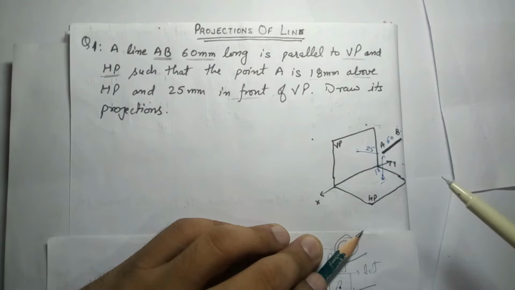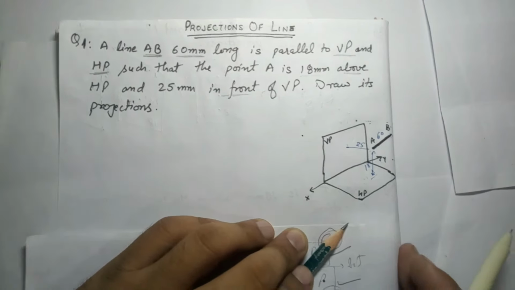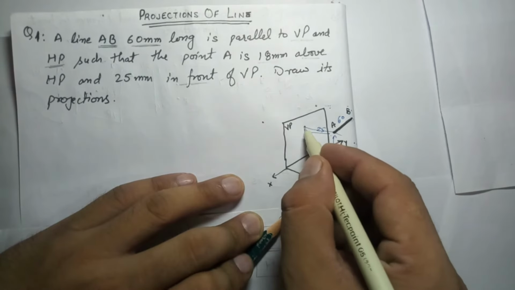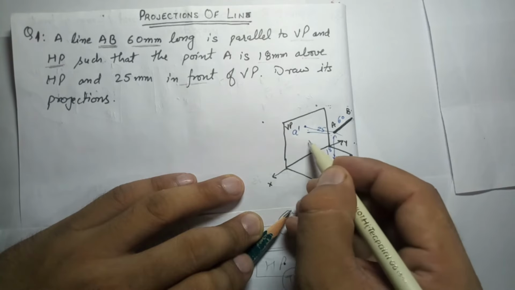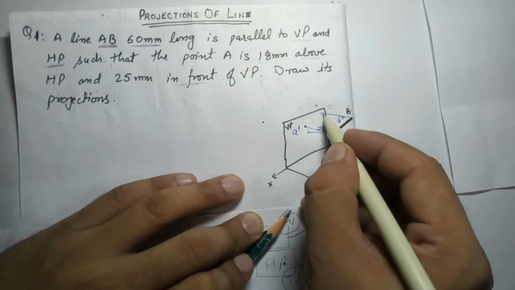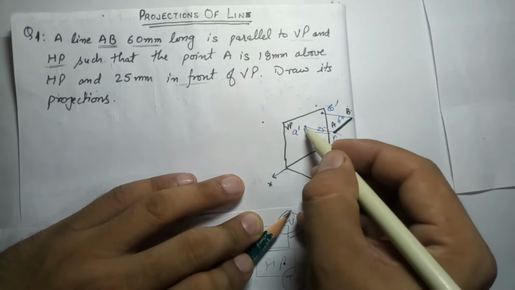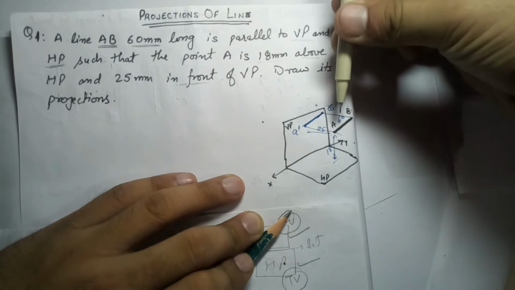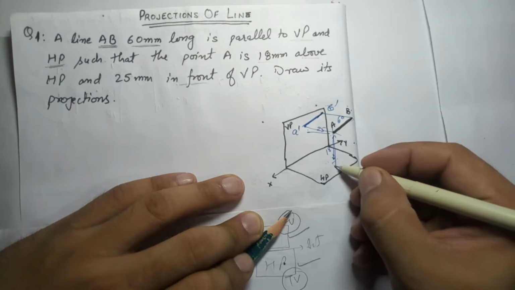Now when you see the front view, the observer has to stand on this side, if you remember. From this side, its front view will go here and be named a dash, small a dash, and for B it will be small b dash, and you will see the front view as a straight line. When you see the top view, from the top, if you project it, its top view will go here.